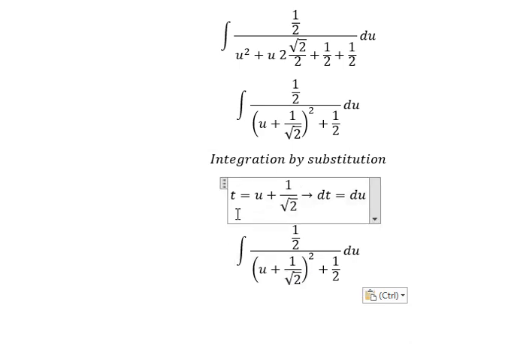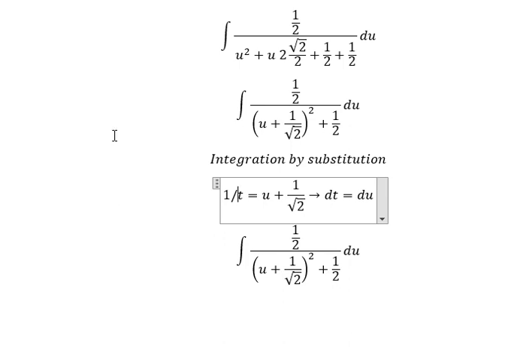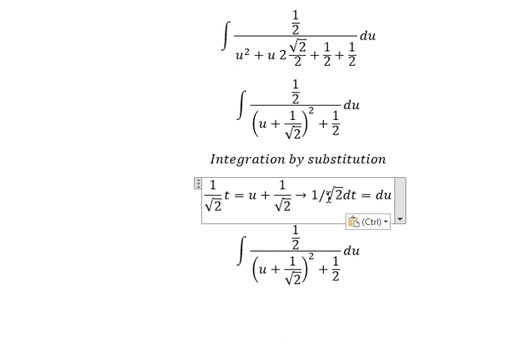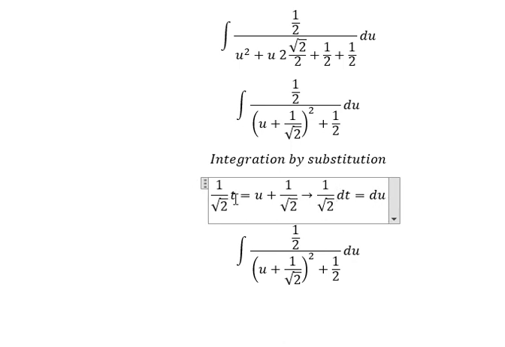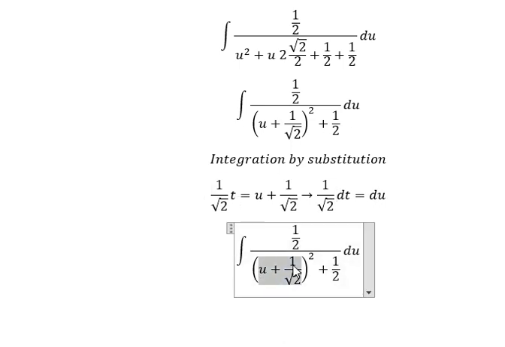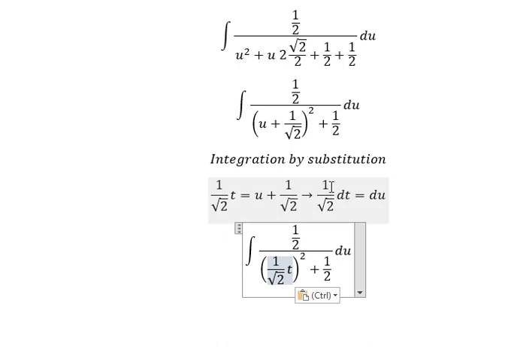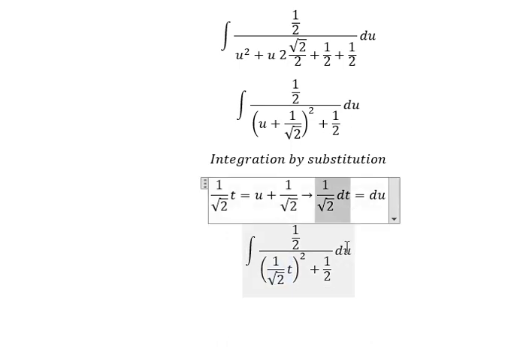Oh sorry, this one I need to put 1 over the square root of number 2 because I want to create integration by arctan. So I will put this one go in here. du that is about this one.